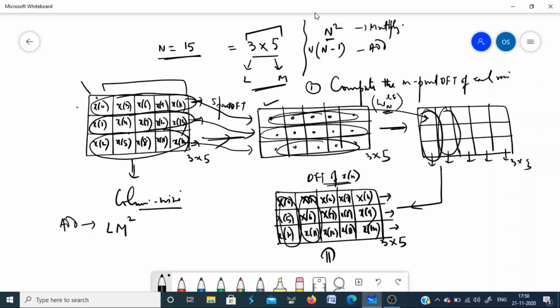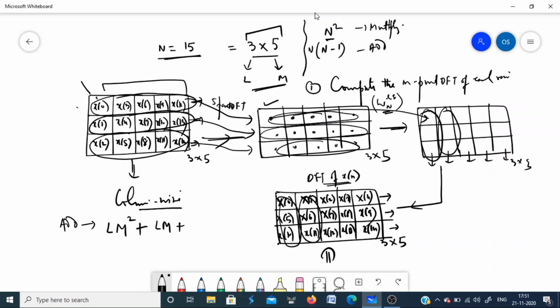When you compute the M-point DFT of each row, for one row you need M squared multiplications. Total L rows you have, so L M squared is the complex multiplication. Plus in the next part you multiply each element with a phase factor, so you need again LM multiplications, or N multiplications. And in the last case you have to compute the L-point DFT of each column.